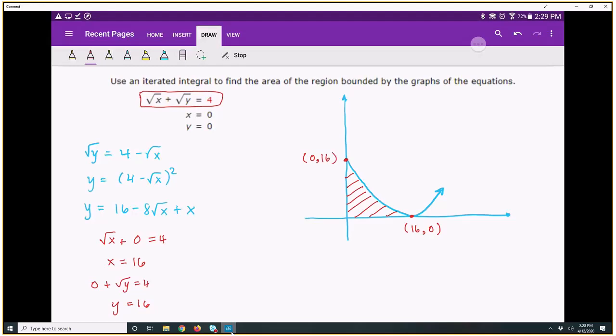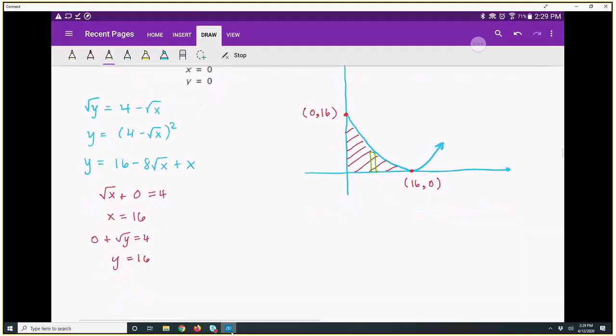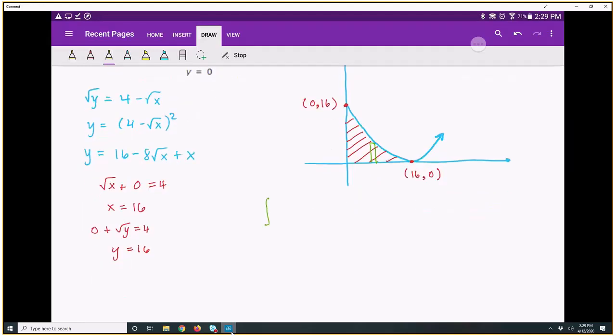Now, I need to set up the integral. So I'm going to draw my small rectangle. So it looks like the bounds for my integration in terms of y, the change in y, is from the x-axis to the curve. So that's going to be from y equals 0 to y equals 16 minus 8 square root of x plus x.